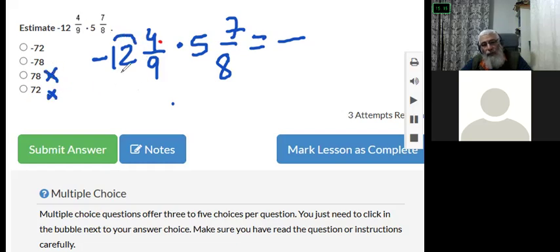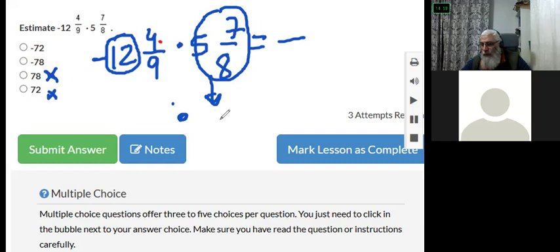Now, 12 times... approximate this to what number? Round this number: 5 and 7 over 8 is approximately 6. And 12 and 4 over 9 is approximately 12 and a half.